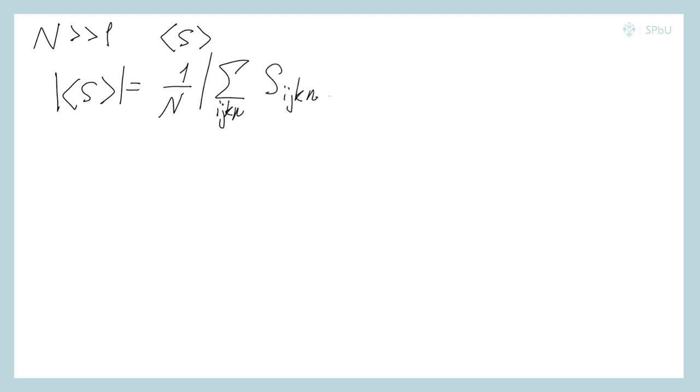So we have the magnitude of averaged S equals 1 over n times the sum over i, j, k, n of S_ijkn times n_ijkn. Here n_ijkn is the number of S_ijkn in a sample of n values. Let's introduce the probability. Since the probability is, in fact, n_ijkn divided by n, we can rewrite it in the following way.